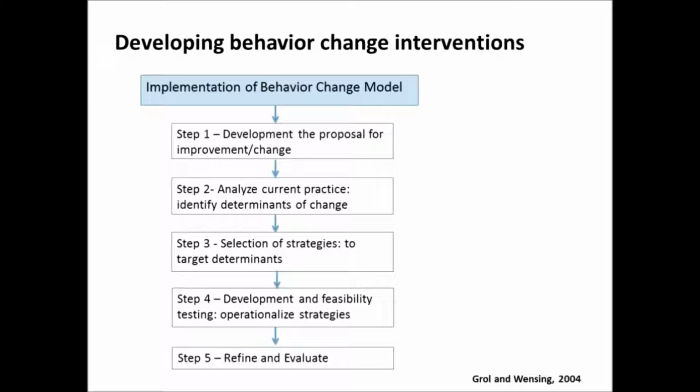And step 4 is to develop and do some feasibility testing of the strategies you're going to put into place to make sure they're actually going to work like you thought they would. In most cases they don't, so you will probably need to do some refining, and then you can evaluate more formally. And that's part of the knowledge to action cycle as well. We won't be talking about the evaluation today, but that will hopefully be in a subsequent webinar.